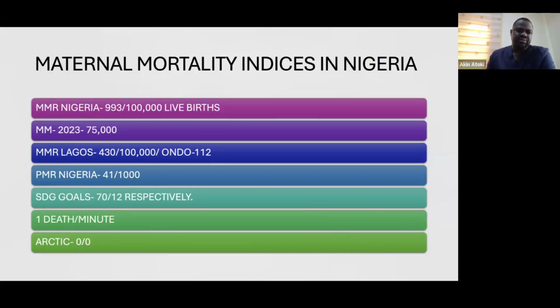In Lagos, the statistic was about 430 per 100,000 live births. States like Ondo have lower values, about 112 per 100,000 live births.